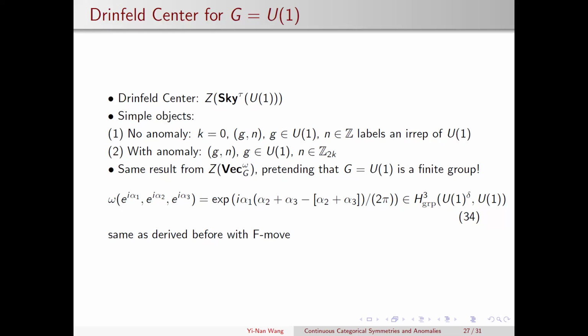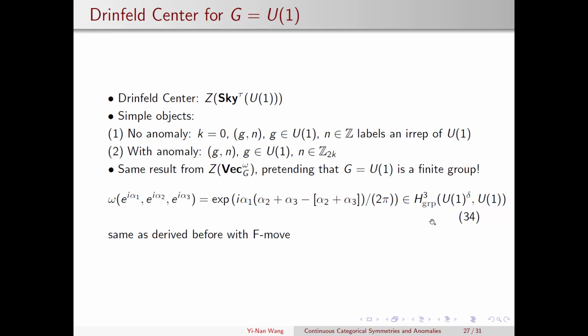And also a very nice observation and consistency check in our paper is that we got exactly the same result by pretending that G is a finite group and just applying all the equations when we define the Z of Vec_G^ω. The ω we insert is an equation that we derived before in the field theory language using the F move.